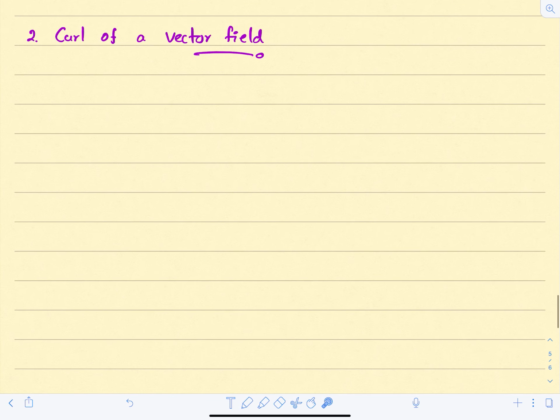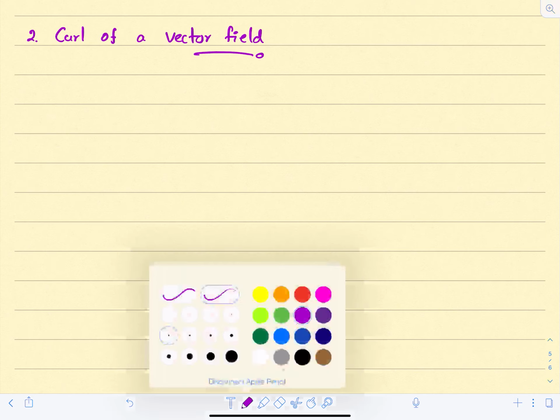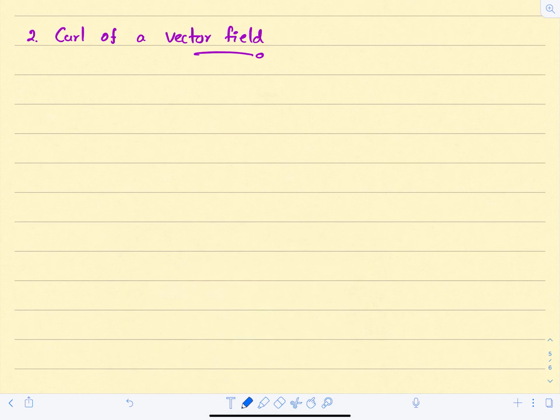Now when we calculate the curl of a vector field, instead of taking the dot product, we take the cross product. Okay, let's define the curl of a vector field.